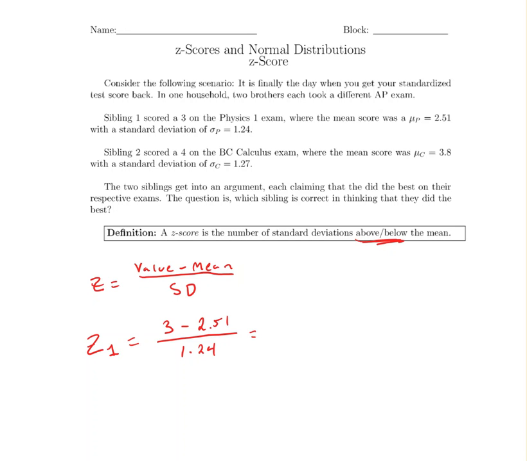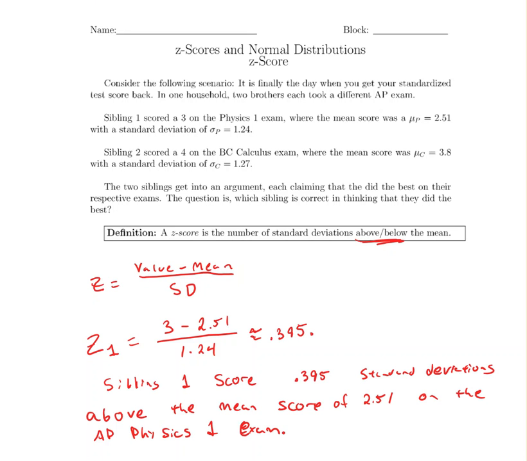And if you plug this into your calculator, we are going to come out with approximately 0.395. And the way we can interpret this value is that sibling 1 scored 0.395 standard deviations above the mean score of 2.51 on the AP Physics 1 exam.